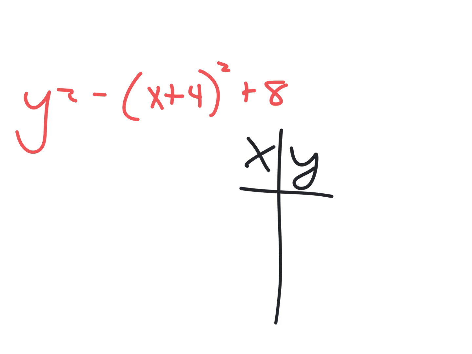So if you can pick any number you want, but you should be smart about it, what do you say? -4. Good call. Because then that makes the first part 0, which means it's going to stay under control on size. -4 is a good call. And so you also should put in -3 and -5. I want everybody to find those 3 key points. And in a moment, I'll have you compare.